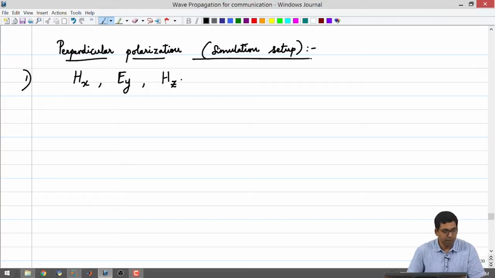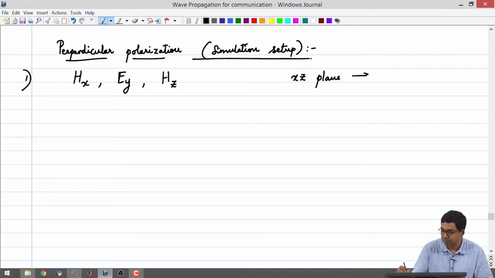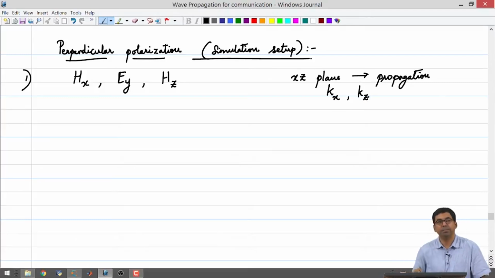These are the three components that we have for that particular polarization. The direction of propagation is in the xz plane. This means that your k vector has an x and a z component.